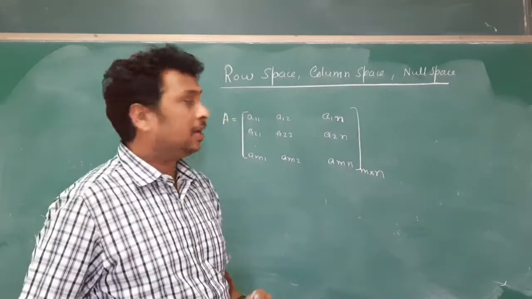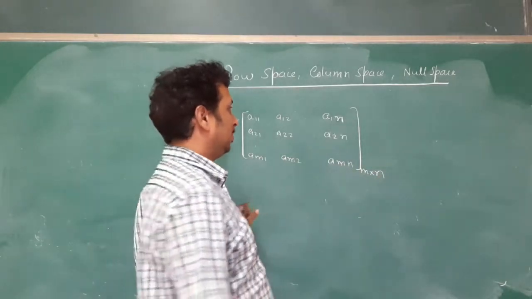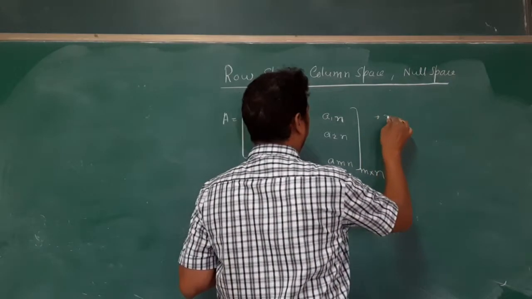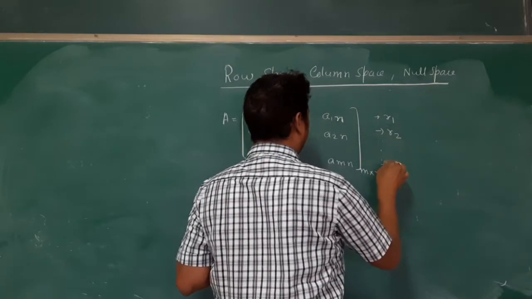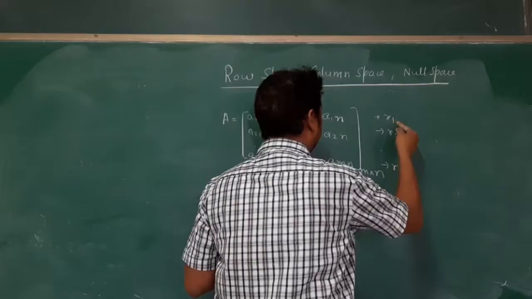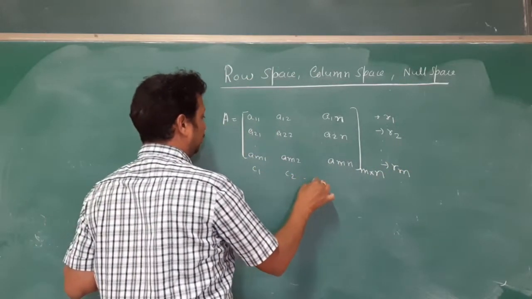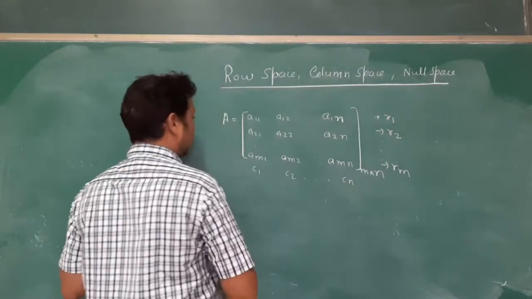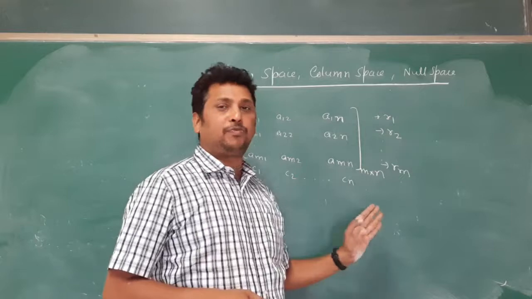It means we have how many rows? m rows and n columns. So this is the first row R1, then R2 and so on up to Rm. These are the rows. Then this is column C1, C2, and this is Cn. So m rows we have and n columns we have.